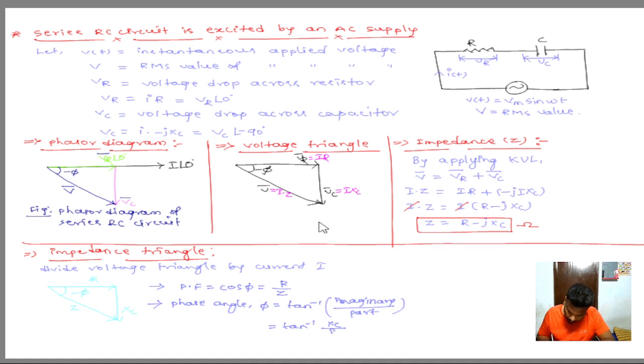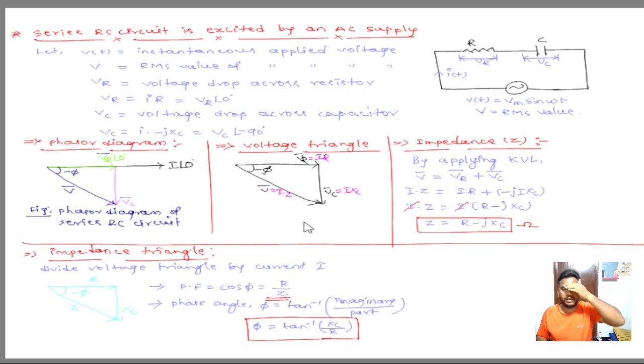The real part is nothing but R. So phi is equal to tan inverse of XC by R. You need to remember these formulas also: cos phi is equal to R by Z, the power factor, and the phase angle phi is equal to tan inverse of XC by R.